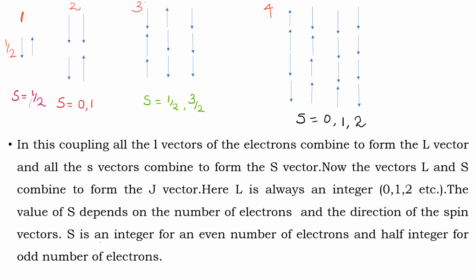That is, S is an integer for an even number of electrons. In the case of atoms having an even number of electrons, that is 2 electrons and 4 electrons, S can have integral values, and half integral values for an odd number of electrons, that is for 1 electron and 3 electrons.